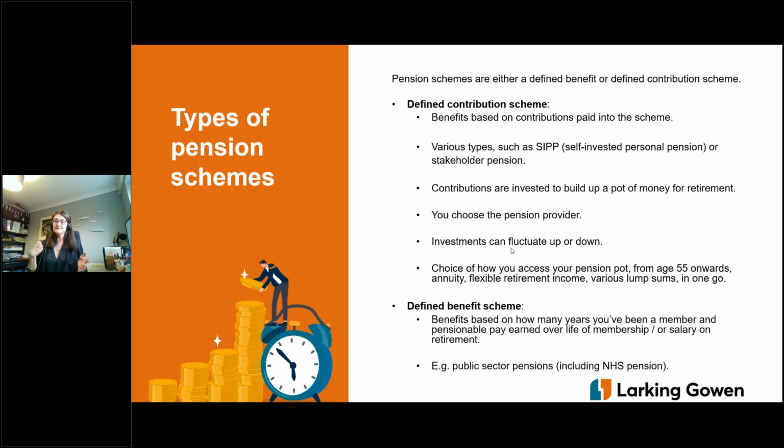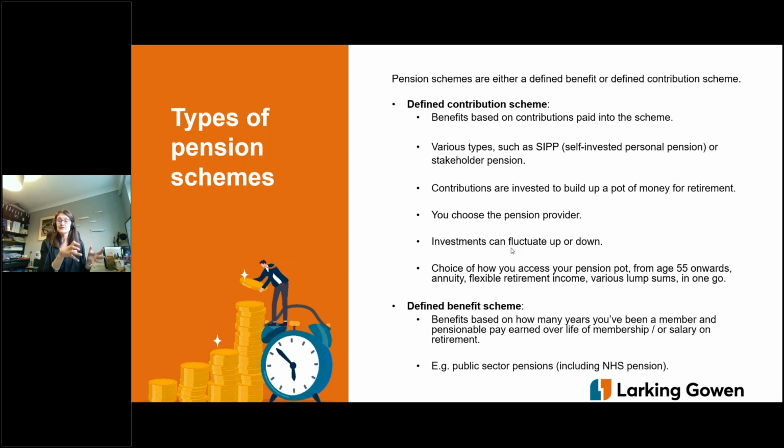Now, as opposed to that, public sector pensions like the NHS pension scheme are defined benefit schemes. Although you have set contributions that you pay into the NHS pension scheme, they don't go into a pot of your money that is yours to give you a pension at a later date.